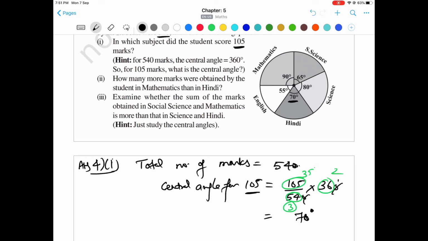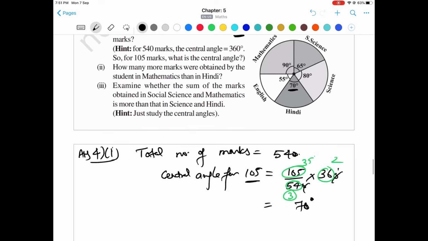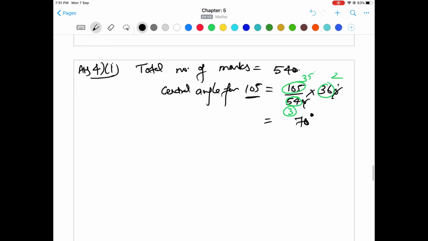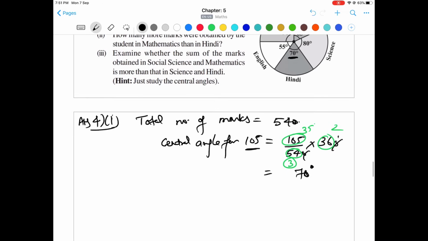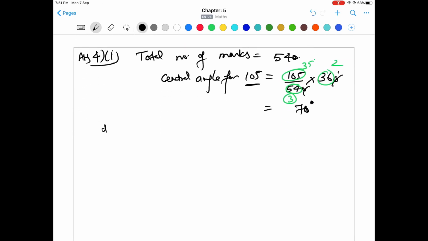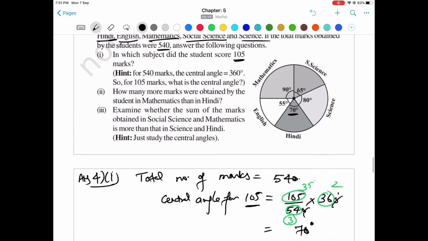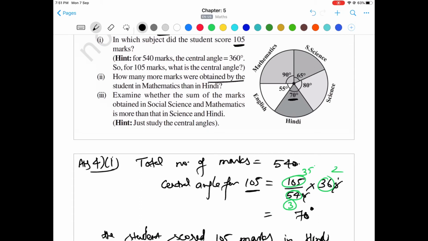So you can see clearly this Hindi have the central angle of 70 degree. So you will write the answer for this one is, that the student scored 105 marks in Hindi.